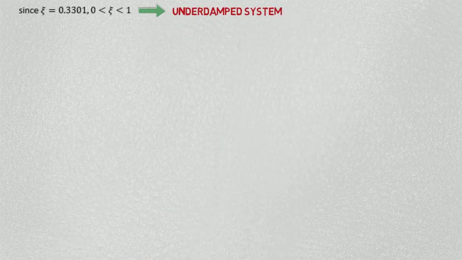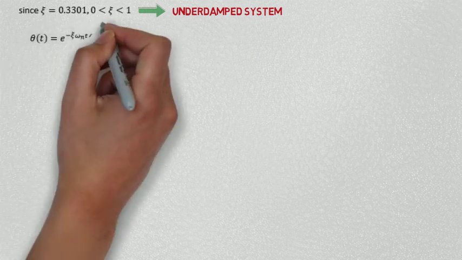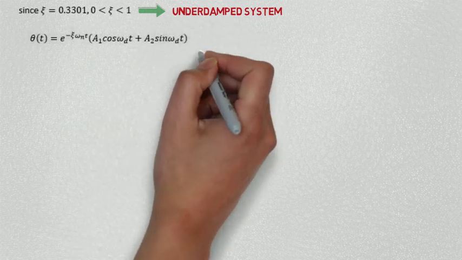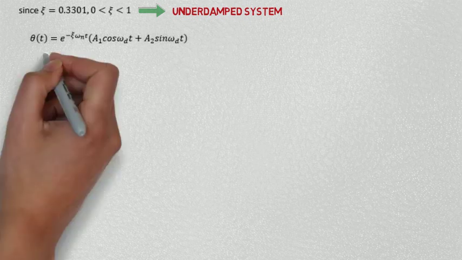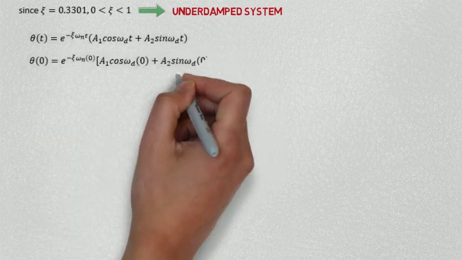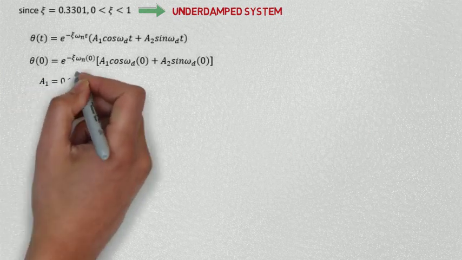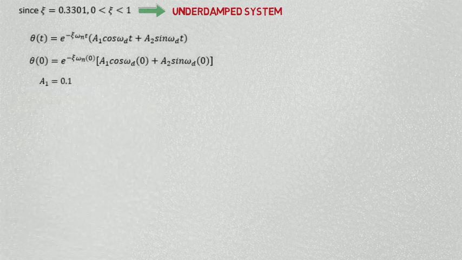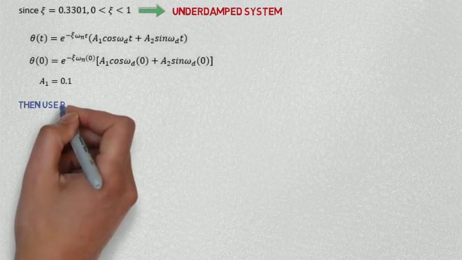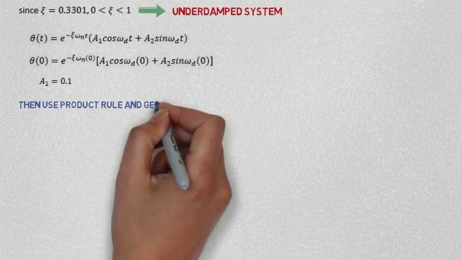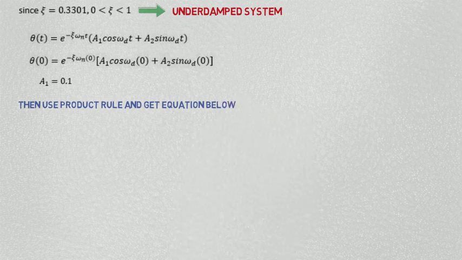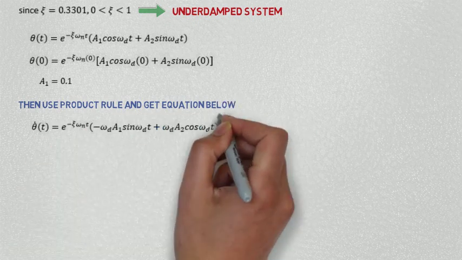Use the equation of time response displacement for underdamped condition. Then substitute t equal to 0 to get the coefficient A1, and you will get the coefficient of A1 is equal to 0.1. Then use the product rule to get the equation below, which is theta dot t.